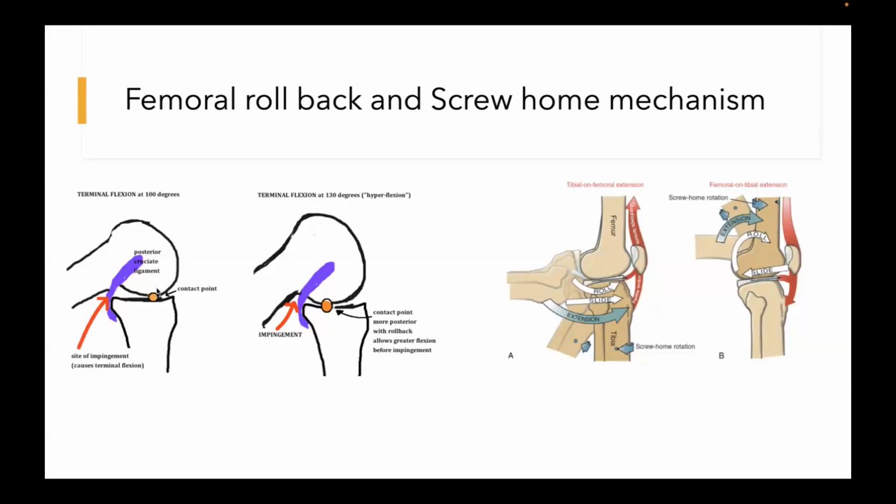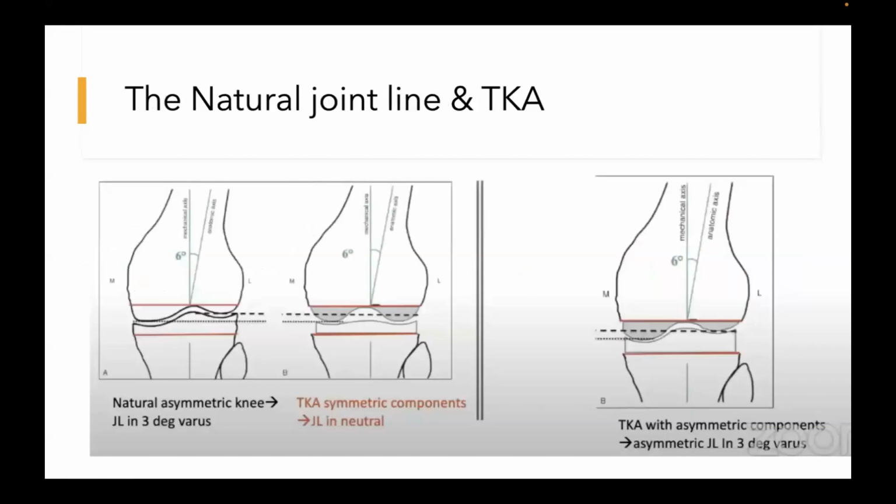This movement occurs due to the PCL and the geometry. The second mechanism is the screw-home mechanism. When the knee goes to terminal extension, the tibia externally rotates, which improves extension stability. The ACL is said to have a key role in the screw-home mechanism as well.